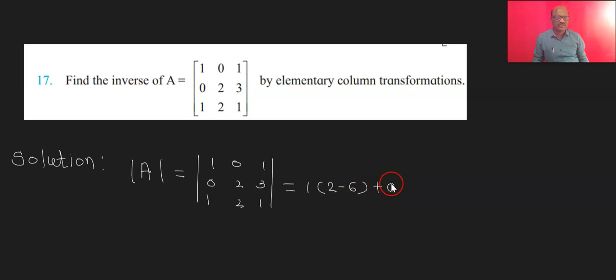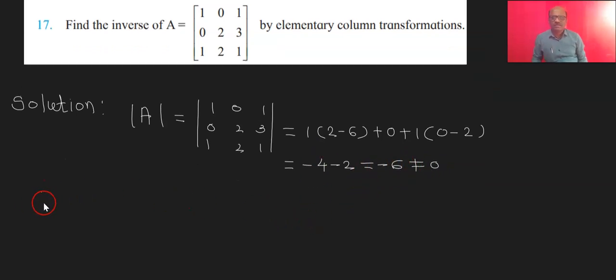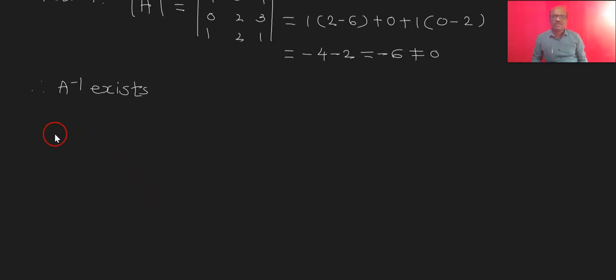Next is 0 minus 1 in bracket, 0 minus 2, and therefore you will get minus 4 and minus 2, that is equal to minus 6, which is not equal to 0. Therefore A inverse exists.